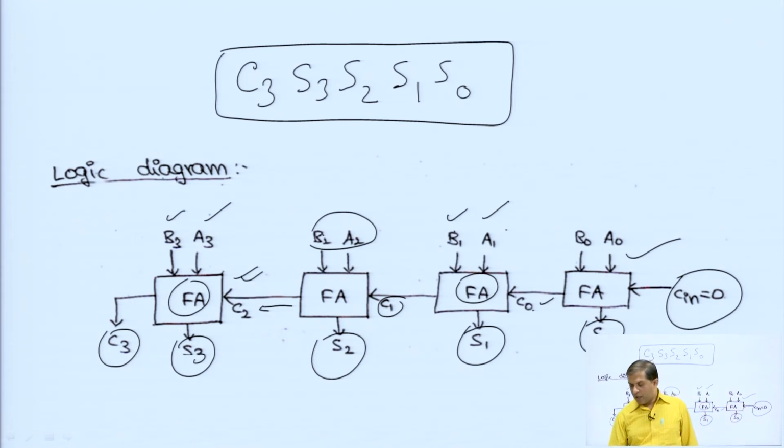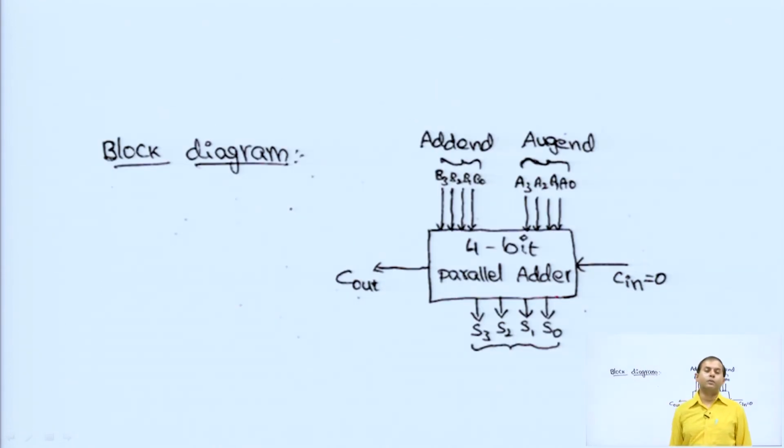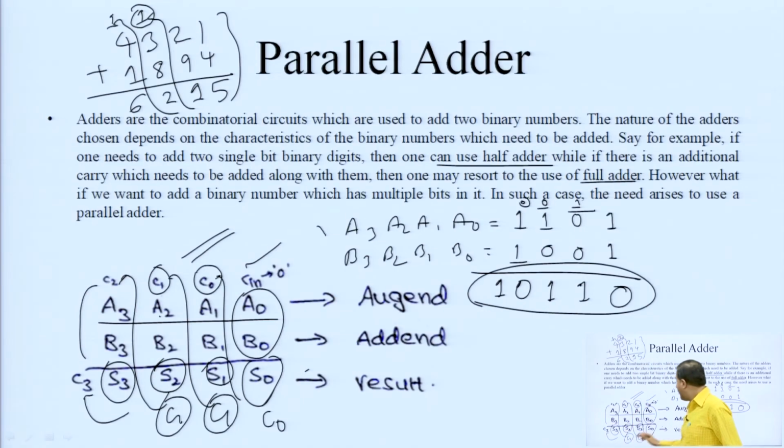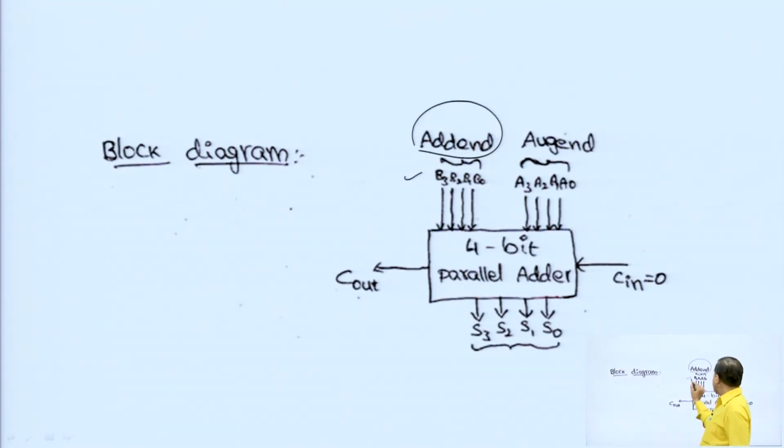Okay. So, if we want to use a single IC for parallel adder, this is the pictorial representation of a single IC for 4 bit parallel adding. Okay. Here these are the addend B3, B2, B1 and B naught. What is addend? Already we have discussed addend and augend. So, here B3, B2, B1, B naught, one combination of 4 bits and augend is A3, A2, A1 and A naught.